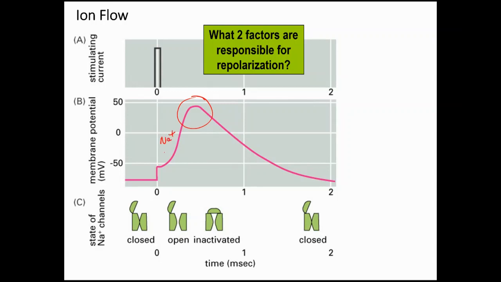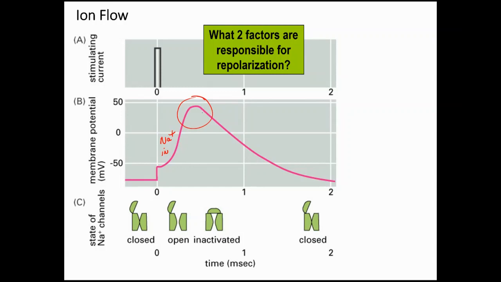And when sodium rushes in, we're going to go from -70 millivolts to -30 to 0 to +20 to +30 to +40, maybe all the way up to +50. Very close to +50. What we said before was the theoretical membrane potential equilibrium for sodium, correct?